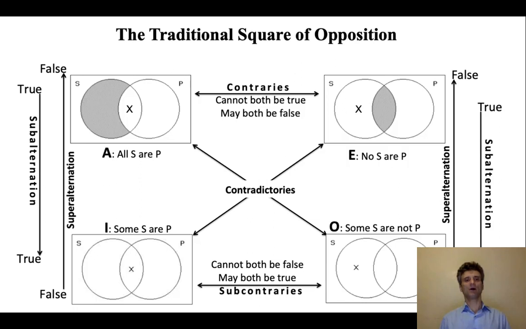So if I say that all bananas are yellow, by placing an X inside the circle S, the subject, bananas, I mean to say that there exist bananas in the world, and they're all yellow.